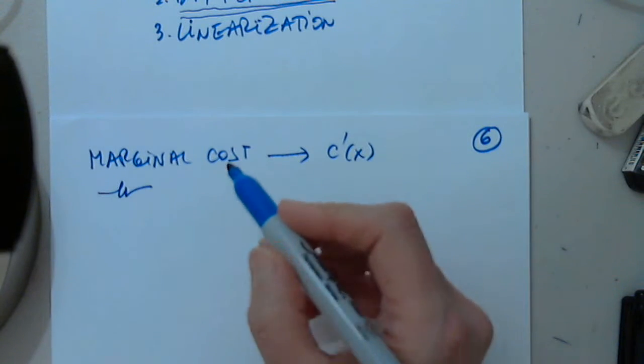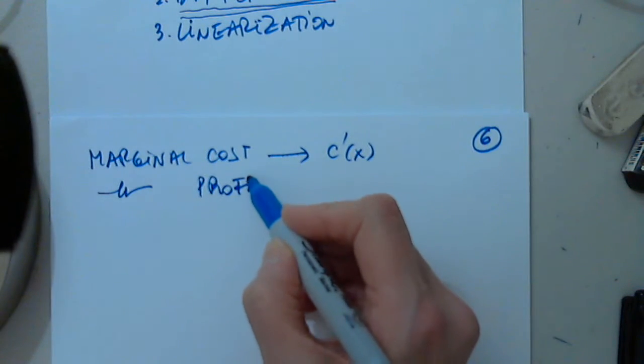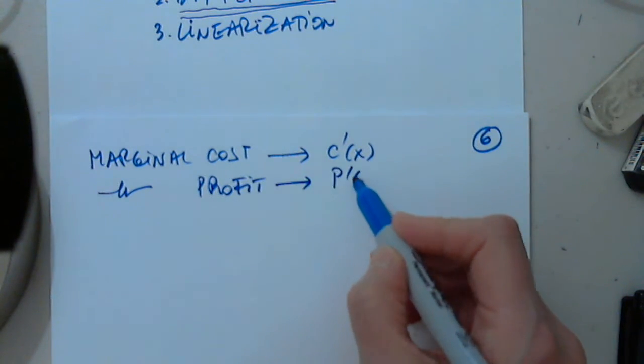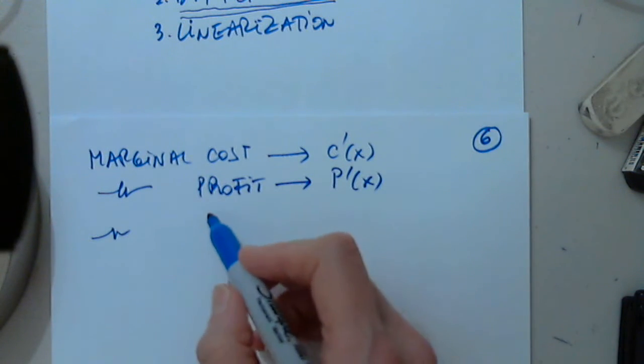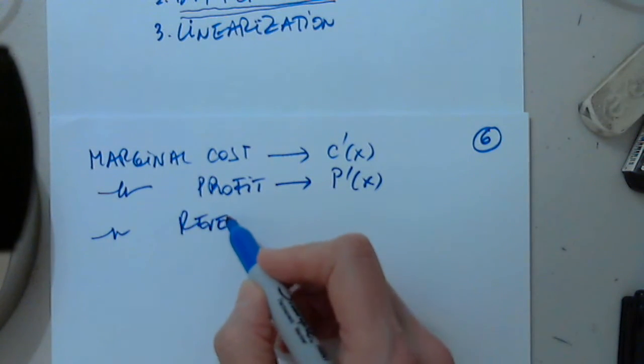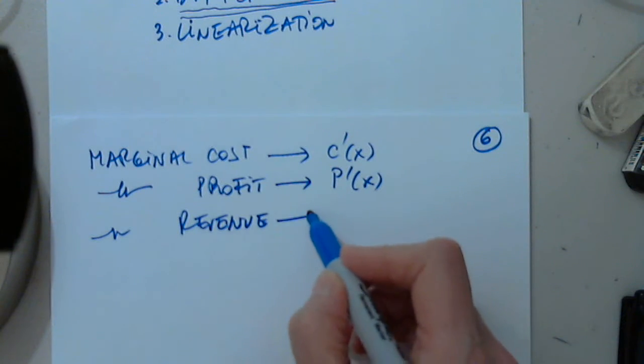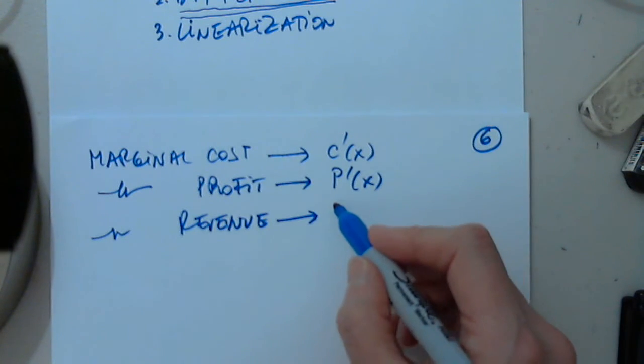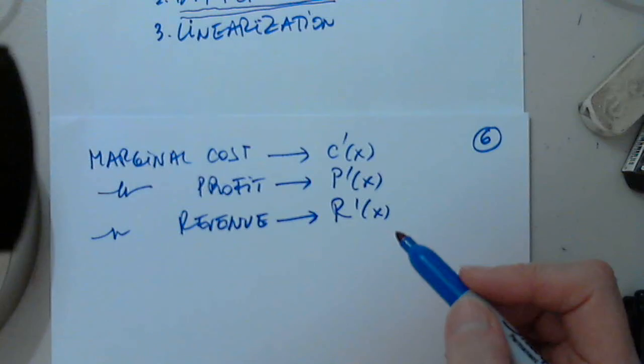When we talk about marginal profit, we really talk about P prime. We talk about marginal revenue, and we say R prime of x.